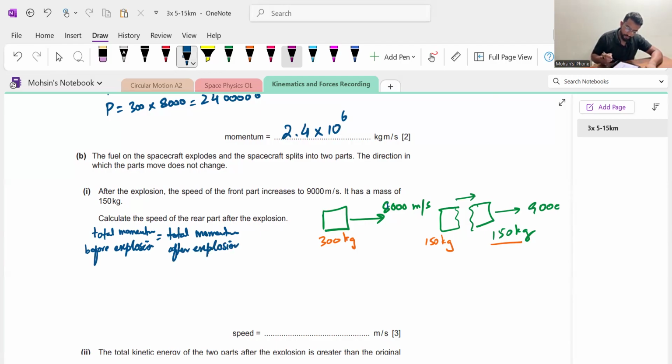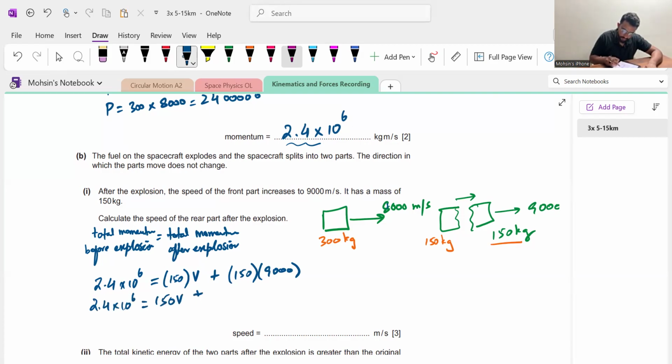after explosion. Before explosion, we know the momentum was 2.4 exponent 6, and after explosion, it is split into two parts. One has 150 mass and speed v, and the other also has 150 mass, but the speed is 9,000. So 2.4 exponent 6 is equal to 150 v plus 150 into 9,000. I'm getting 1.35 exponent 6.